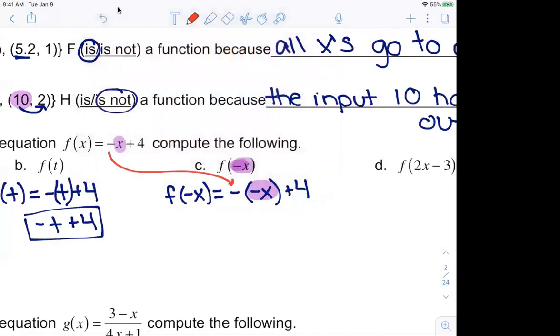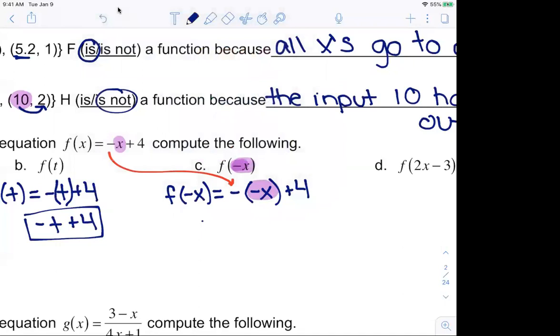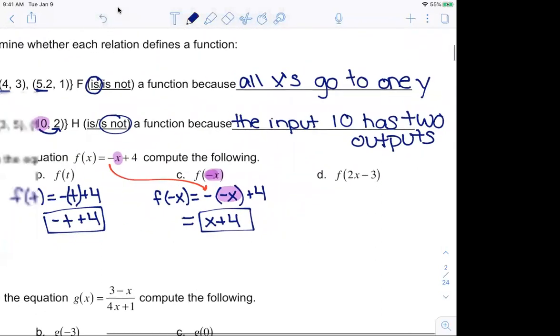Sometimes I see people just put 1, but there's 2, and because there's 2 negatives, now it becomes positive. So that's a positive x plus 4. You do need to simplify it always. You might be plugging in more than one thing. So for this next one, we're plugging in 2x minus 3. So I'm replacing the x with 2x minus 3.